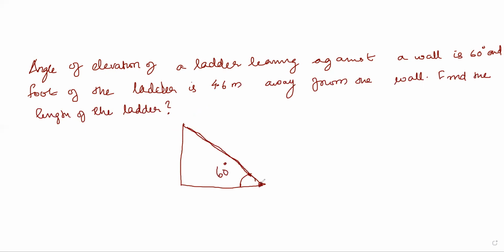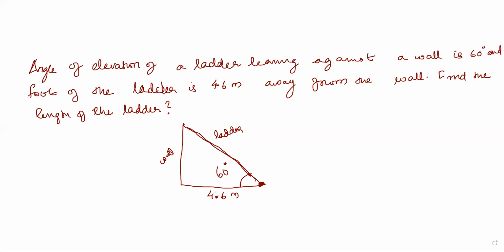This is the foot of the ladder. This is the wall. This is ladder. Foot of the ladder is 4.6 meters away from the wall. Find the length of the ladder. You have to find this length.